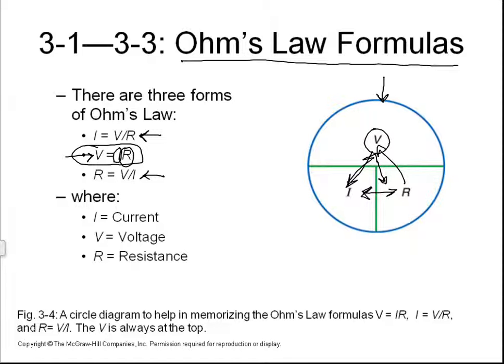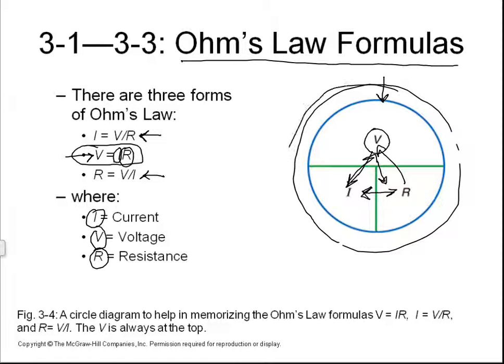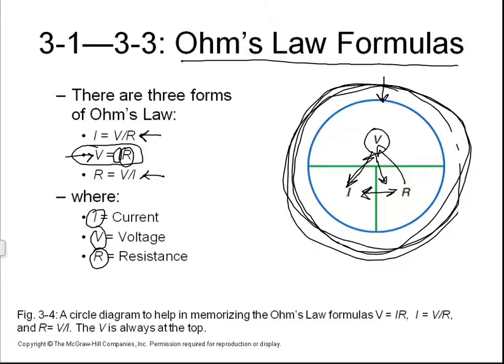And we remember that I is current, V is voltage, and R is resistance. This is the basis of all of our DC circuits right here. Now there's one other equation that we'll look at, but this is the basis for everything else.